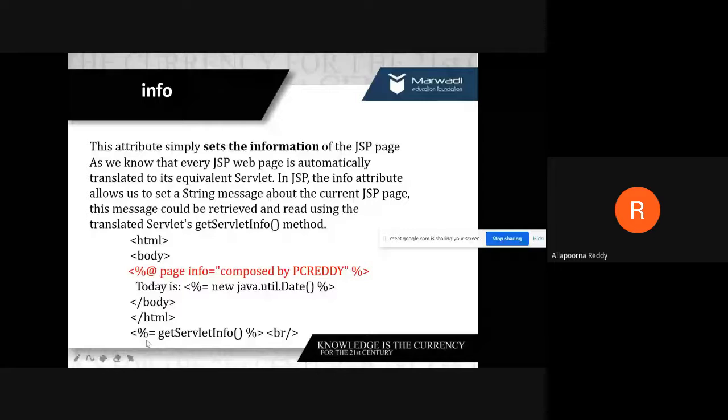I should know what information is contained in my servlet, because everything is converted from JSP to servlet. So if you call the getServletInfo method, the information will automatically be displayed. We'll see how it works with an example now.